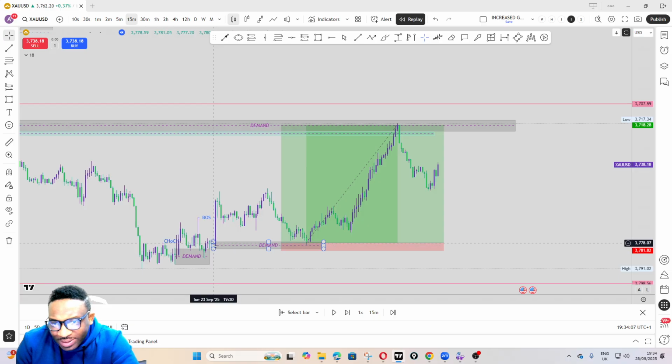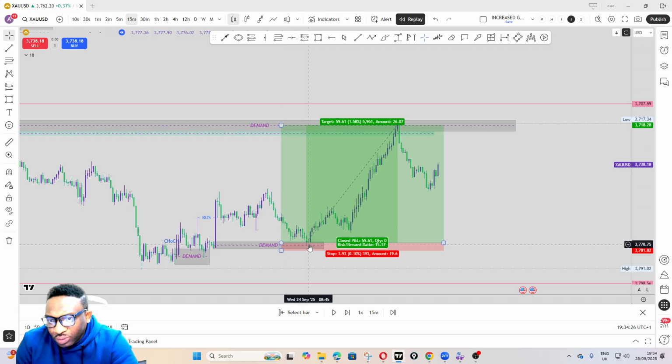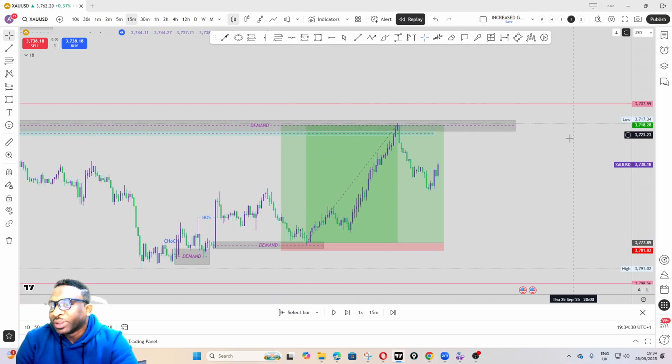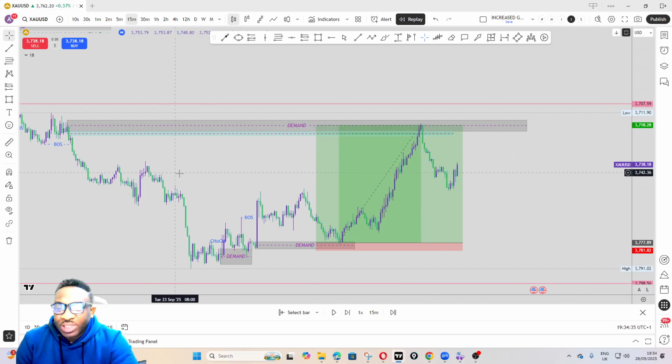So it is on this second move up, which caused this break of structure, that we had the demand zone and then a big imbalance or fair value gap, whatever we call it. So from this point on, price came back into the zone and then tapped us into the trade and gave us a nice push up. Okay, so that is how a downtrend example could look like.